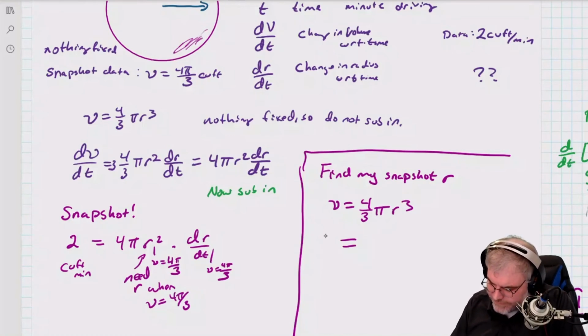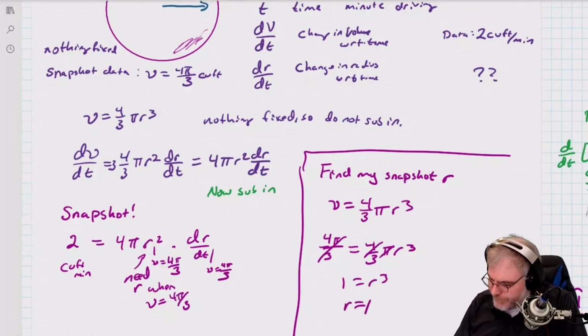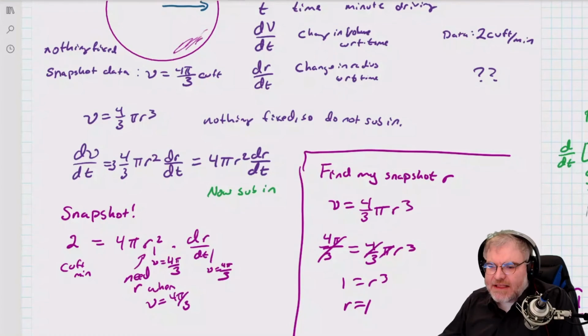Of course, this is totally contrived, because it's all set up to work out nicely, right? Well, isn't that nice? The 4/3 and the pi's are going to cancel. And I'm going to be left with 1 equals r cubed, which means r equals 1. How do we feel about that little solving for the snapshot?